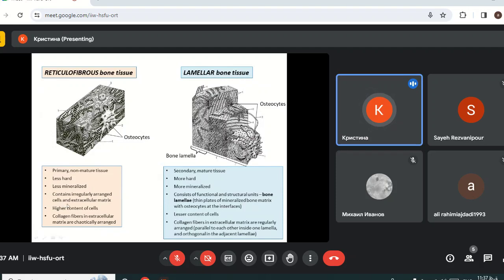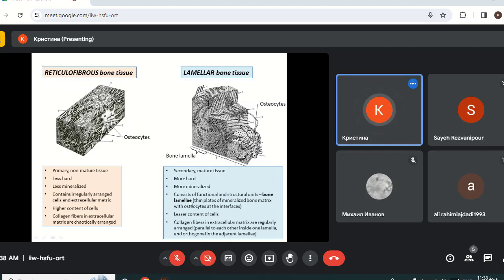Next, reticulofibrous contains irregularly arranged cells, osteocytes, and extracellular matrix. No type of arrangement. They are chaotically located inside the reticulofibrous bone tissue. But in lamellar bone, we have a very structured organization here, and a lamellar bone consists of functional and structural units, which are called bone lamellae.